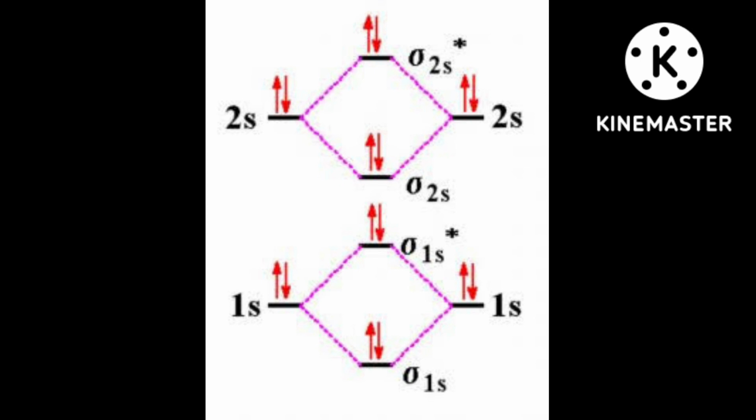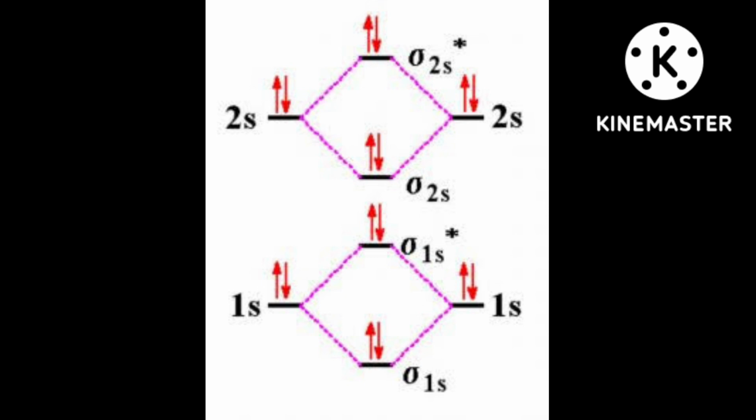Then what is this energy level? Electrons will enter first in 1s, just like the filling of electrons in atoms. You have to use only the terms sigma or anti-bonding sigma, and pi and anti-bonding pi.